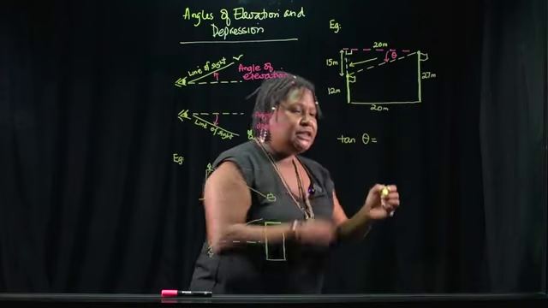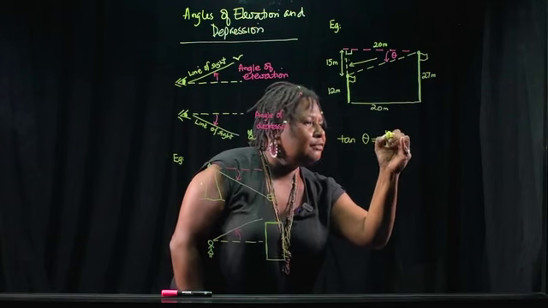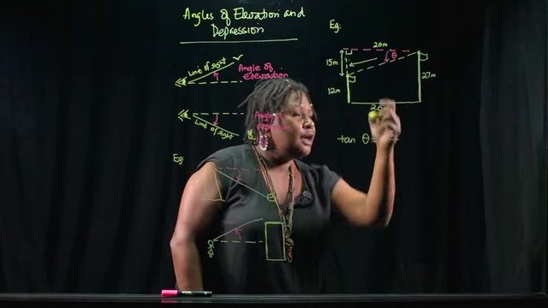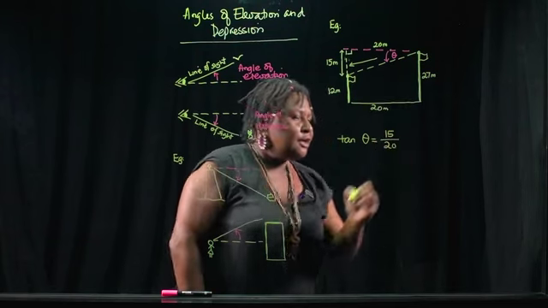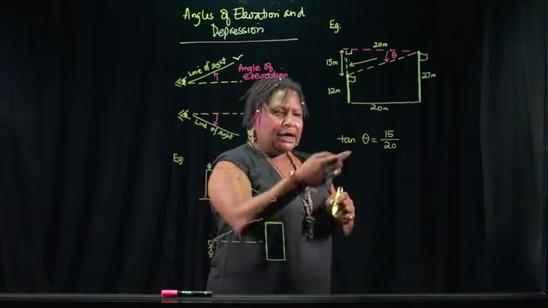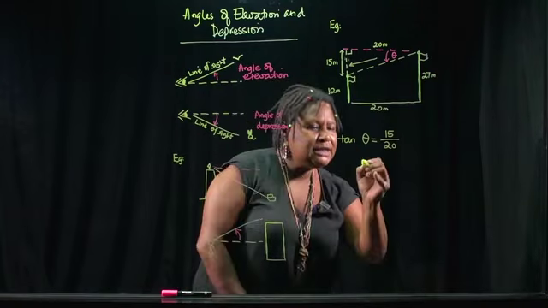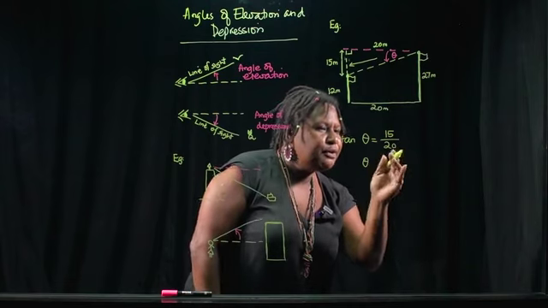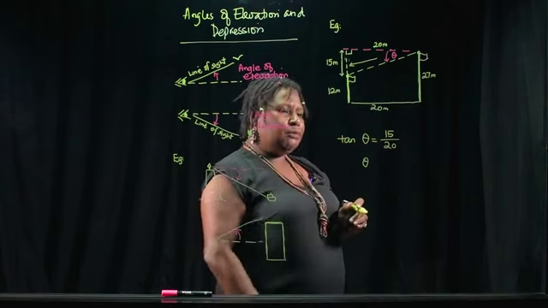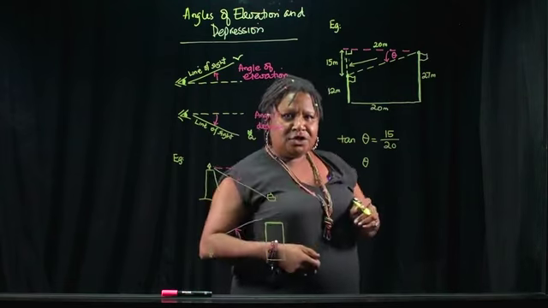Opposite in this instance is 15, and our adjacent is 20. Now we have to divide here so that we are able to find the tangent value.